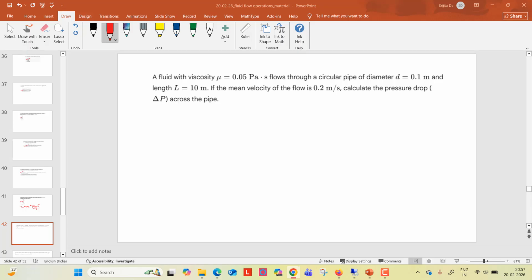From the Hagen-Poiseuille equation, we can calculate the pressure and volumetric flow rate in a circular pipe. The pressure drop equation is given as delta P equals 32 mu L U mean divided by d square.